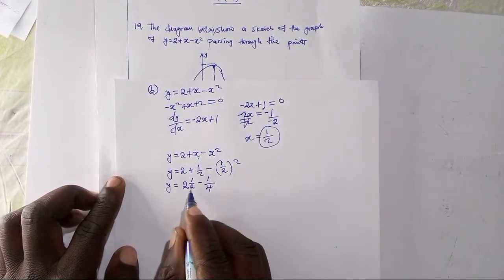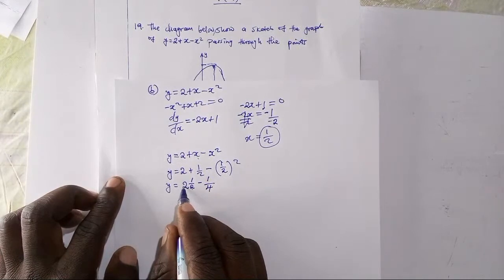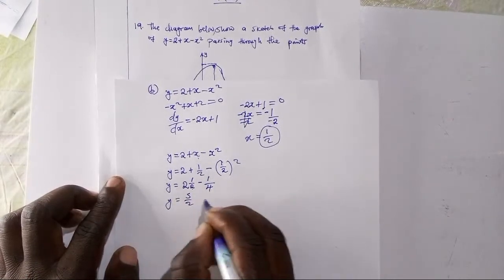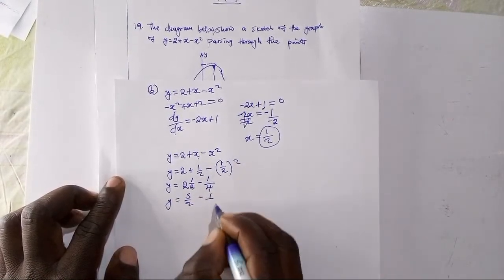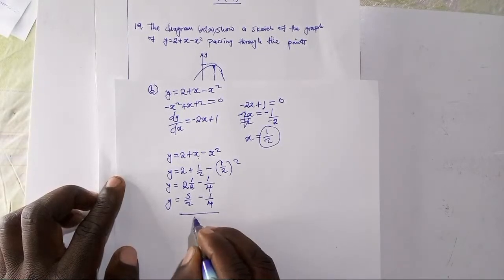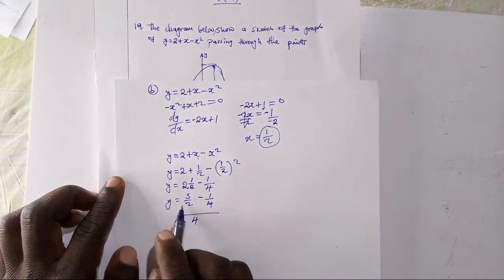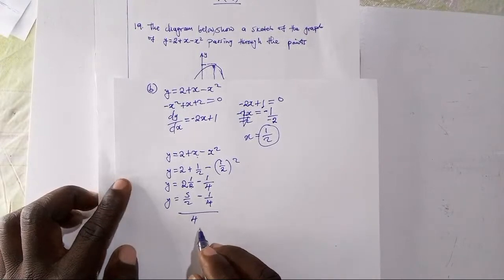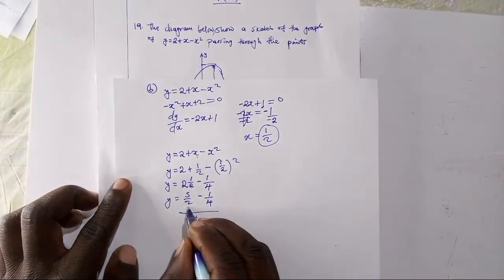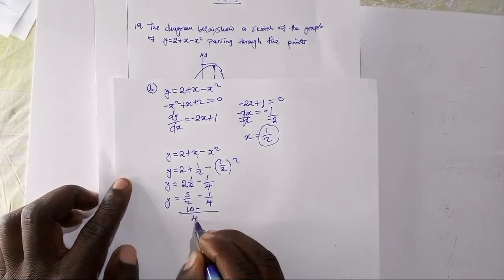Here 2 times 2, which is 4, plus 1, which is 5. So y equals 5 over 2 minus 1 over 4, right? Then what is common? It is 4.